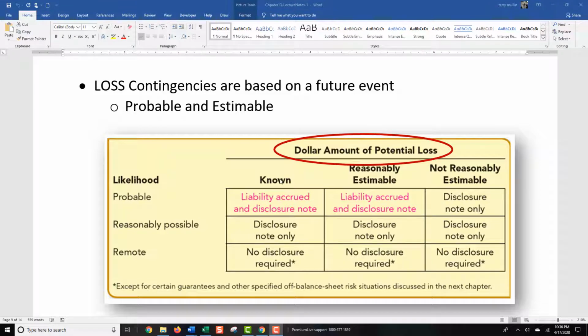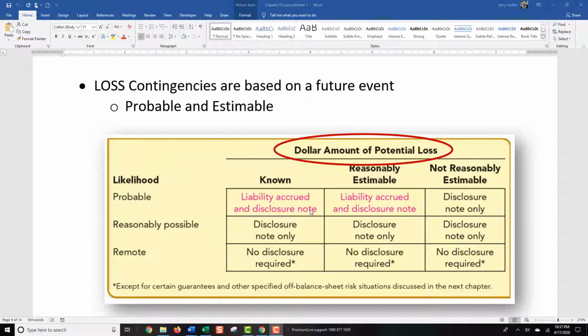And if it's known and it's probable, you know you're going to get sued, and in all likelihood it's probable, then you make a journal entry of the dollar value, right, of what it is, and you're going to put that expense and the liability on the books, and you're going to put it into your financial statements, right?